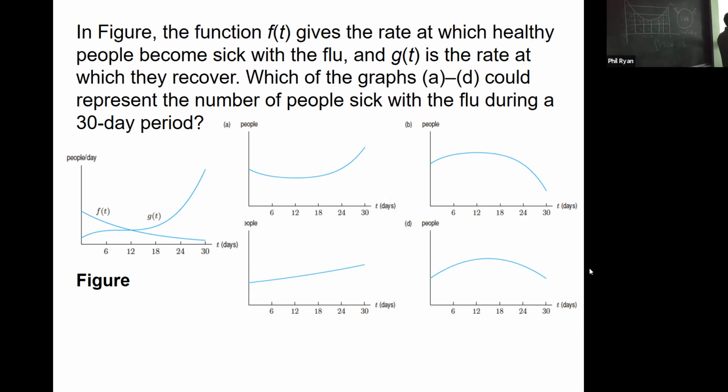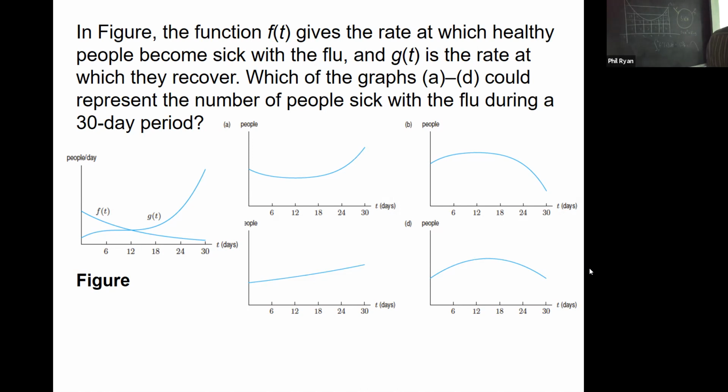It's flat, because the rate of change is 0. As many people are getting sick as are getting better. So we expect an increase, then flat at 12. And then it's going to go down because people are getting better, and we expect it to get steeper and steeper.